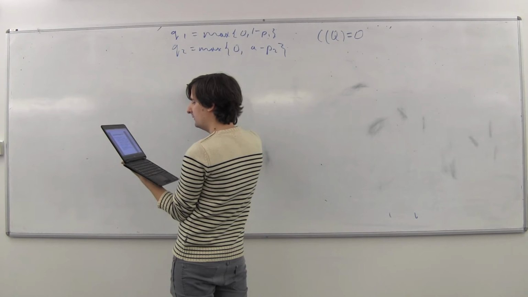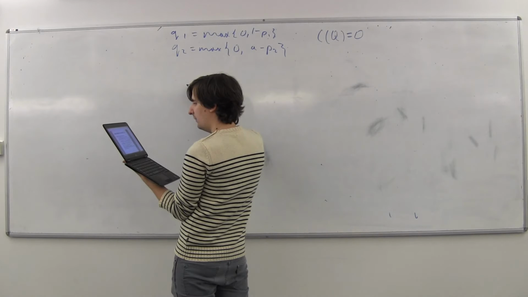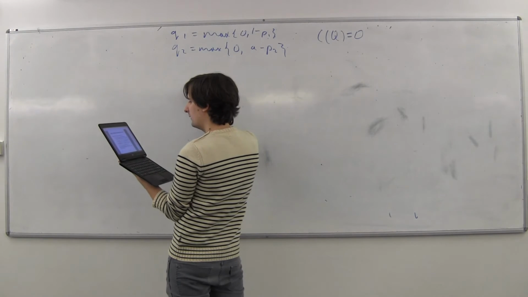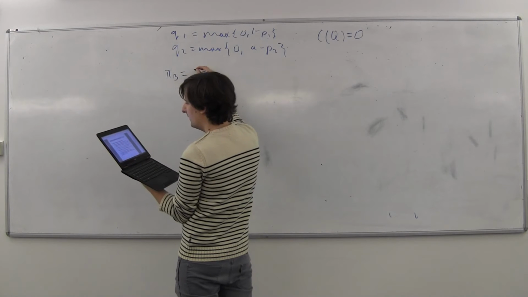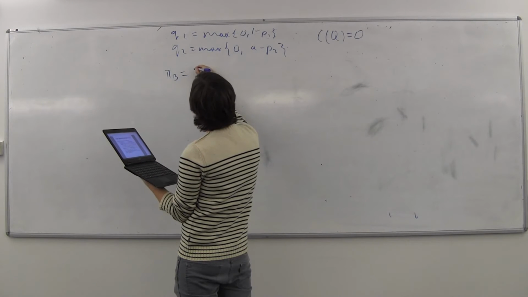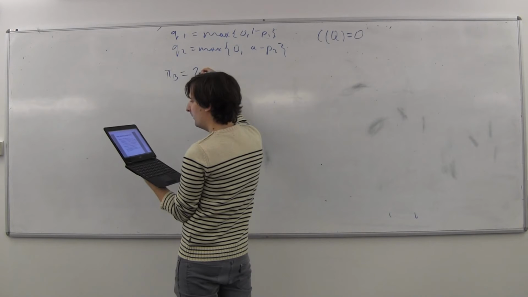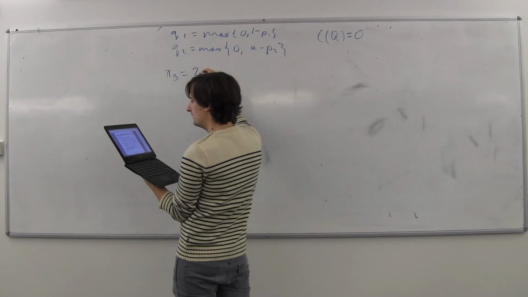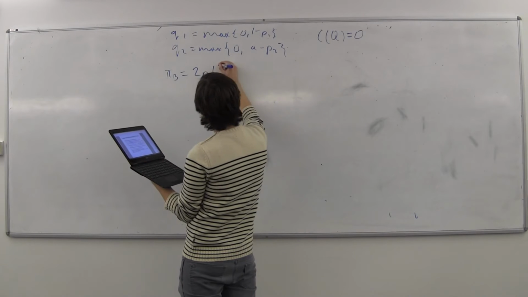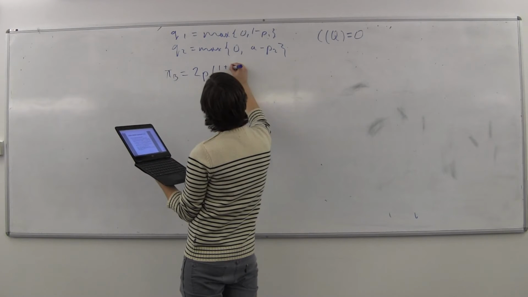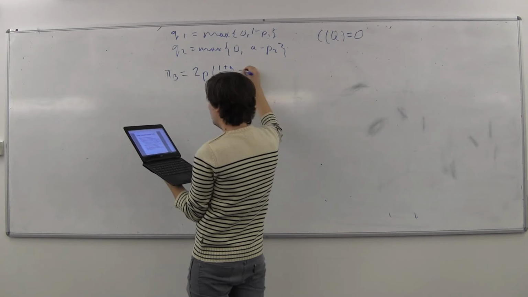Okay, so what did we find? We found that profits from selling in both markets, this is what we found on the slide, without price discrimination, were equal to 2p times 1 plus a over 2 minus p.